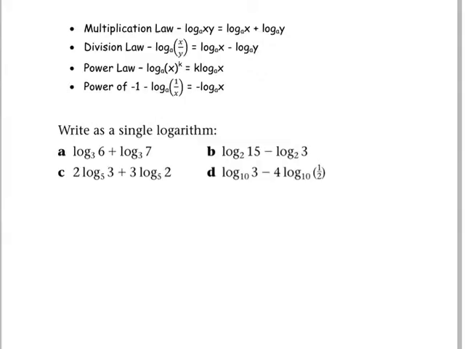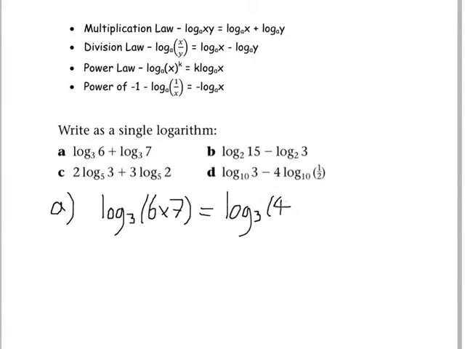Here we have log to the base 3 of 6 plus log to the base 3 of 7, which is clearly the multiplication law. So all we have to do is multiply the 6 and the 7 together: log 3 of 6 times 7, which quite simply becomes log to the base 3 of 42.